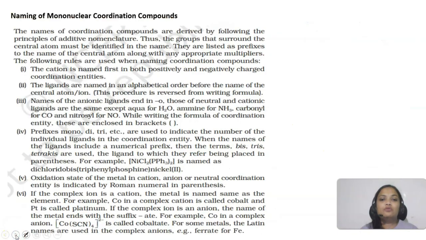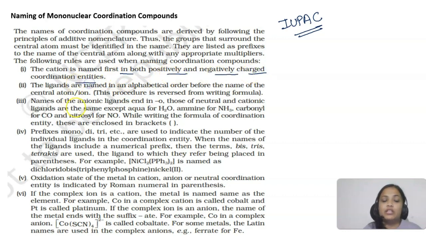It's easy. Now how to write the name. Again, the naming is done according to the rules by the IUPAC. So what are the rules? The cation is named first in both positively and negatively charged coordination entities.